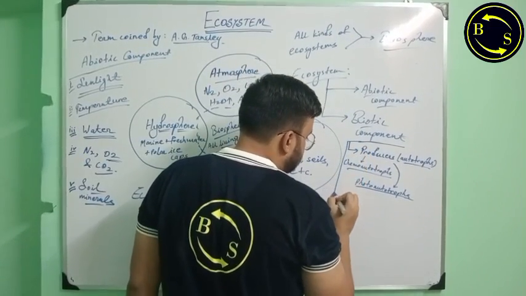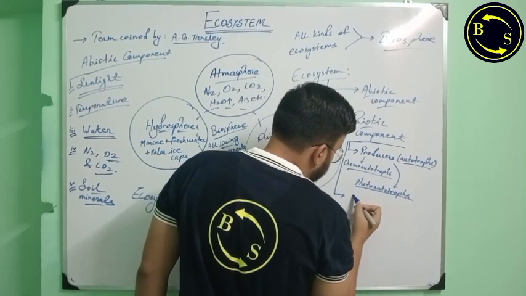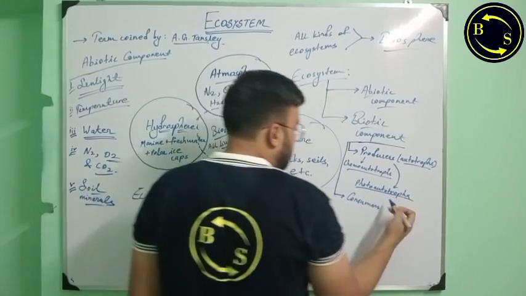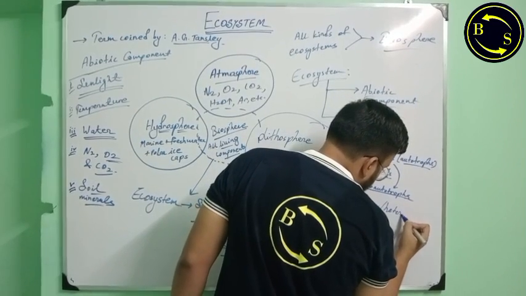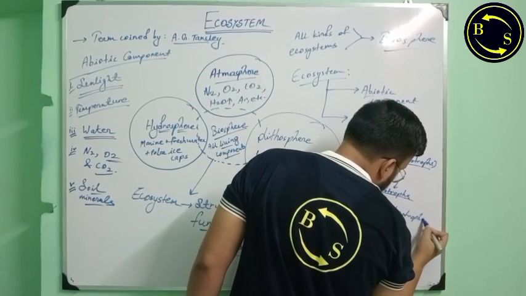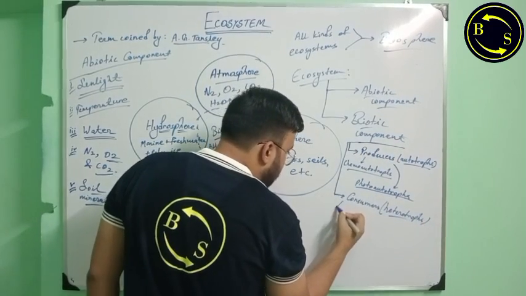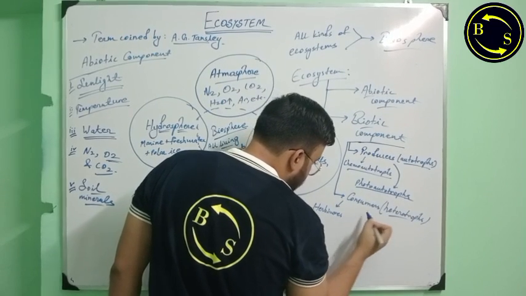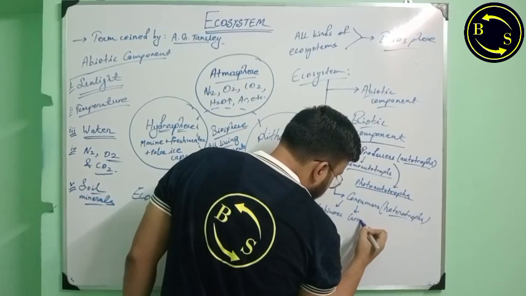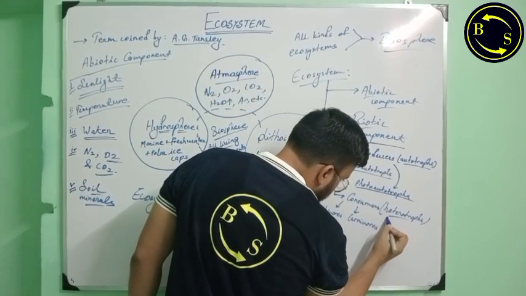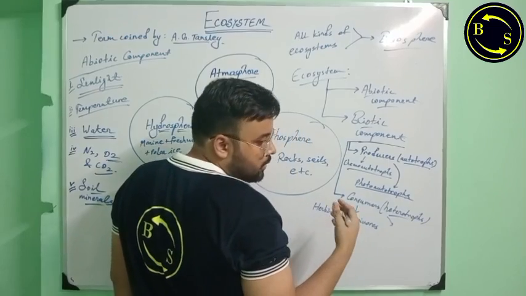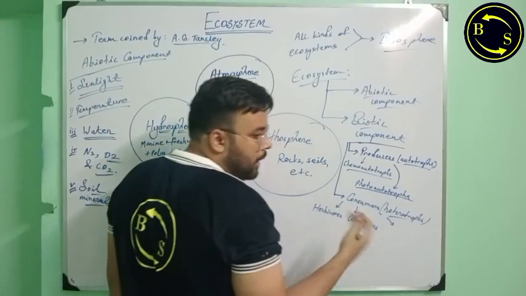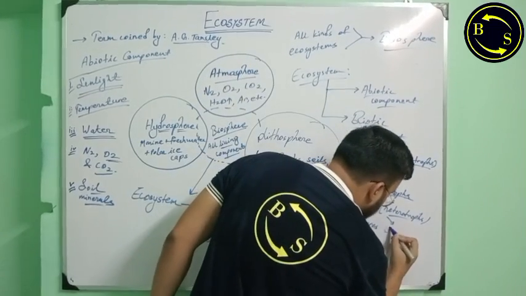Next component are the consumers, they are heterotrophs. They can be plant eating or herbivores, flesh eating or carnivores, and animals which consume both plants and animals as food, the omnivores.